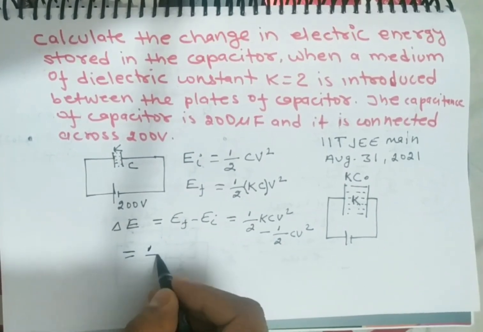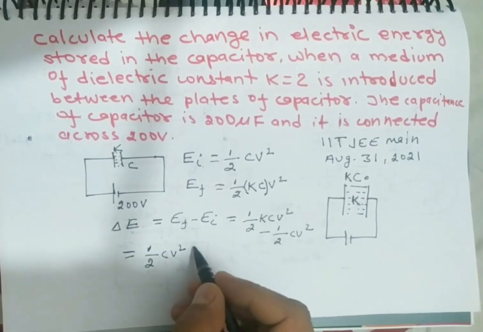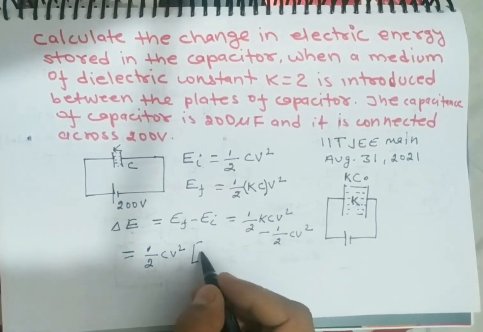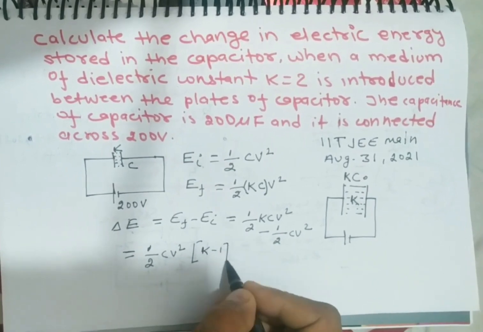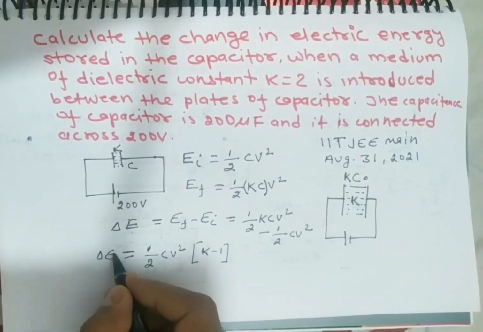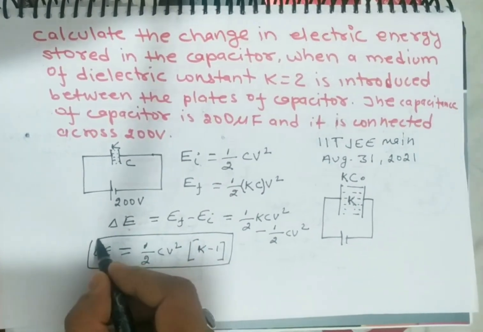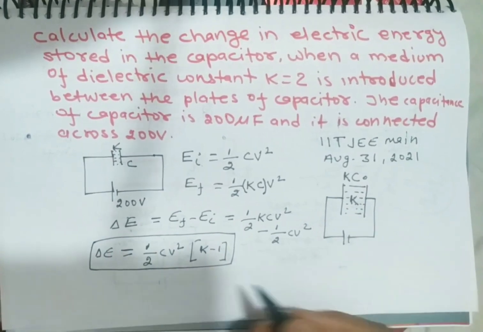Half CV square is taken common, so here will be K minus 1. This is the change in energy. Okay, now put the values.